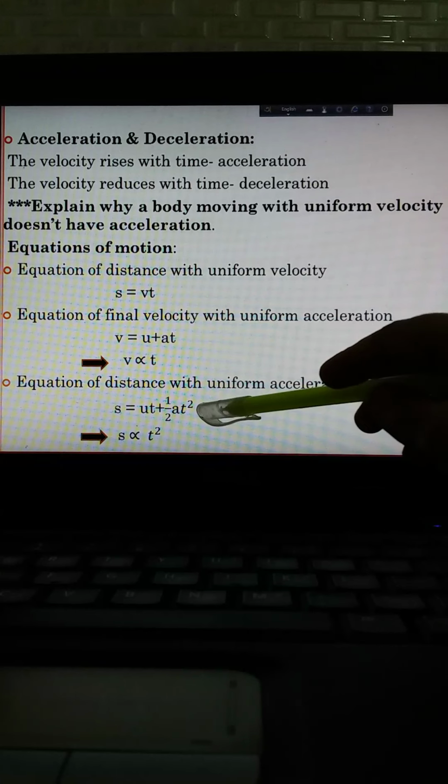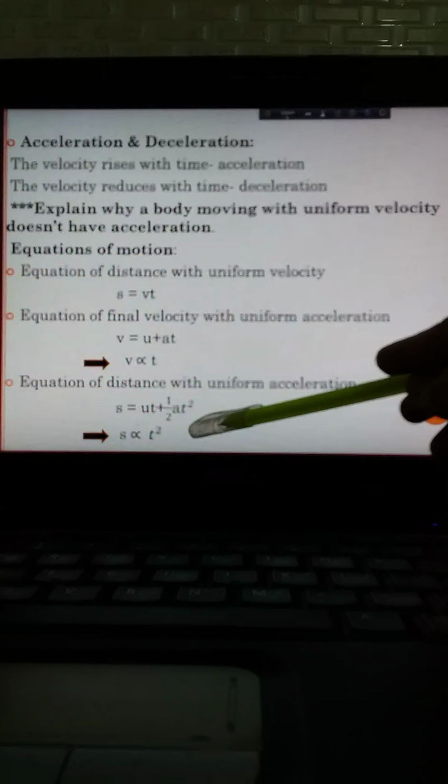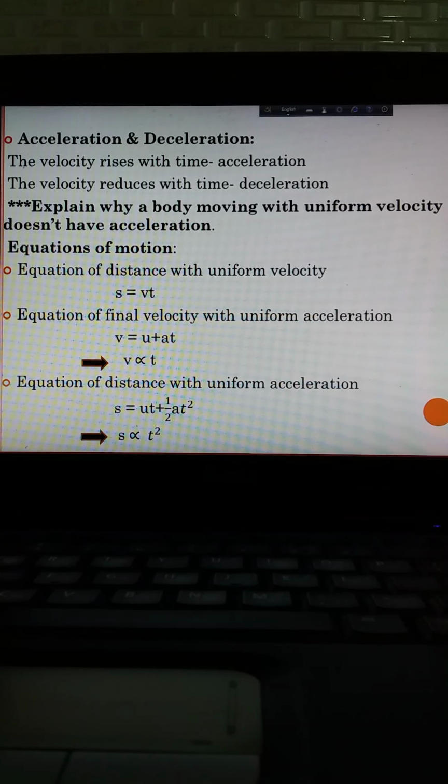Then this equation becomes s equals half at square, as a is uniform acceleration. This is a constant term. We can write from here s is proportional to t square. This represents the relation between distance and time. If a body moves with uniform acceleration, the relation between distance and time will be square proportional.